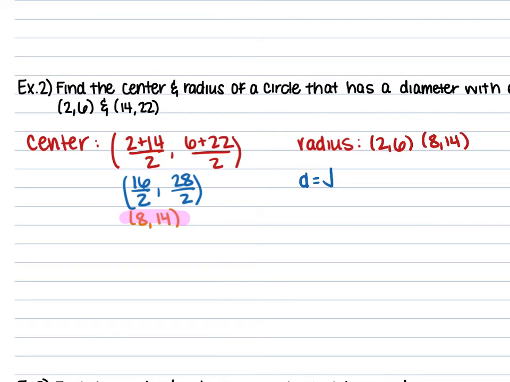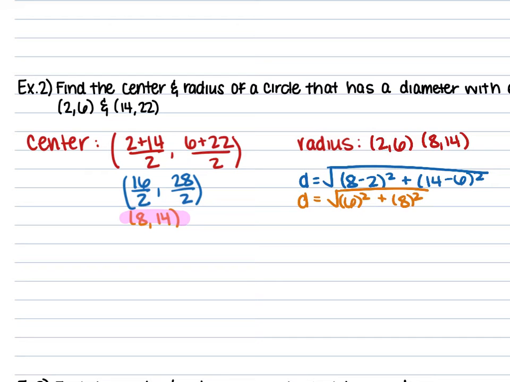So we're going to have the square root of 8 minus 2 squared plus 14 minus 6 squared. 8 minus 2 is 6, so that's 6 squared. 14 minus 6 is 8, so it's 8 squared. 6 squared is 36. 8 squared is 64. When we add these, we're taking the square root of 100, which gives us a radius of 10.